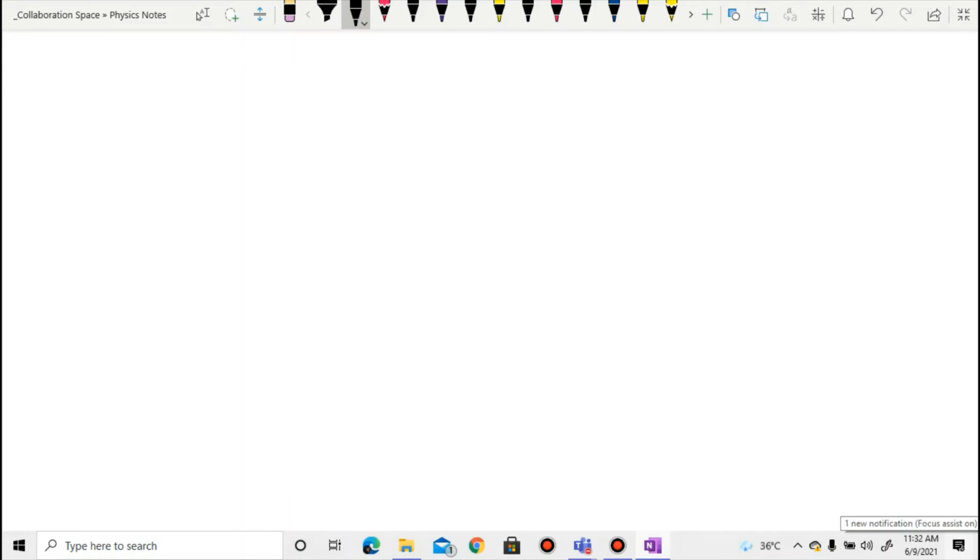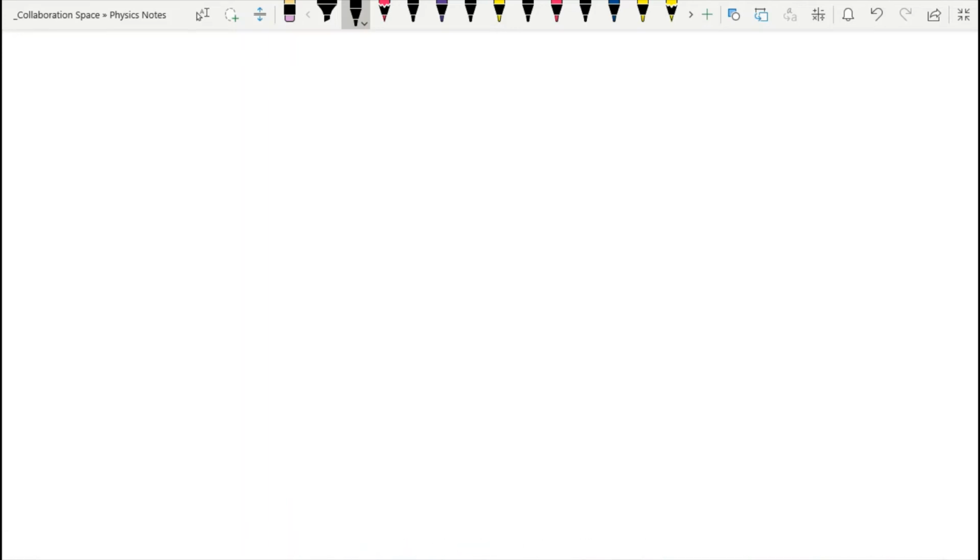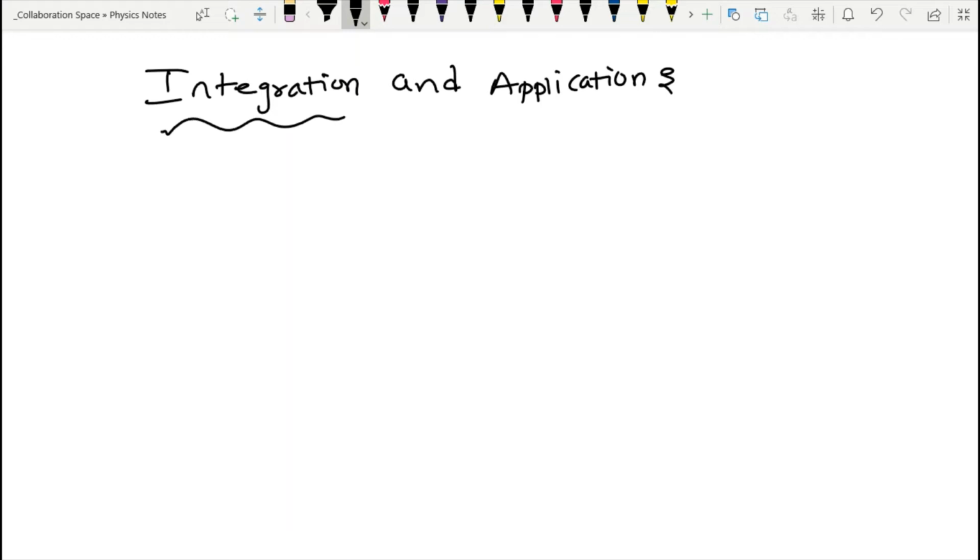What is integration? Integration and its applications. What is integration?